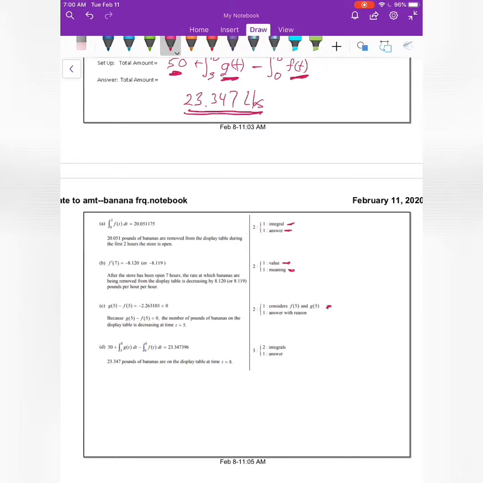You have to find both those rates, and then just explain that it's decreasing for some reason. And in this case, they said that the rate being added minus the rate being removed was negative. So that means f of 5 was bigger. All right, and then lastly, you get 2 points for the integral setup here, which we had in part D there, and then 1 point for the answer.